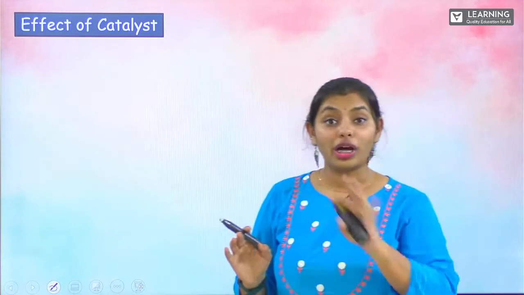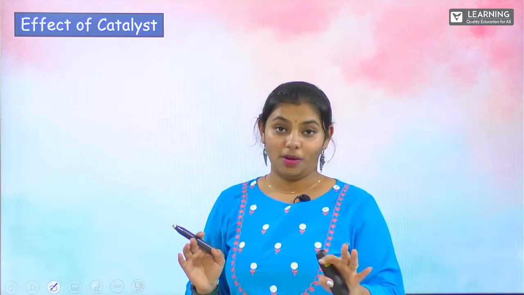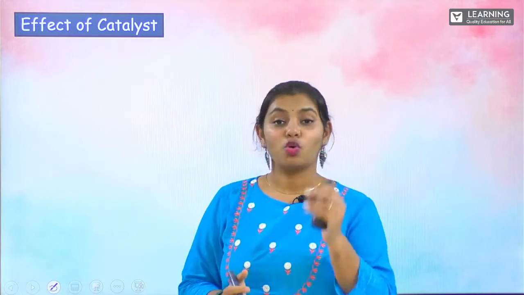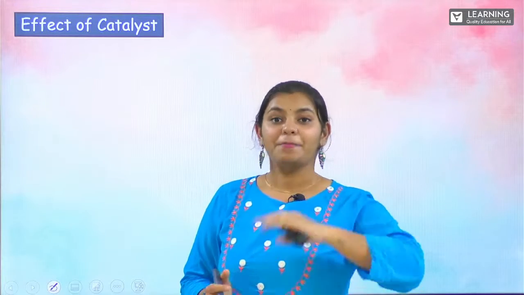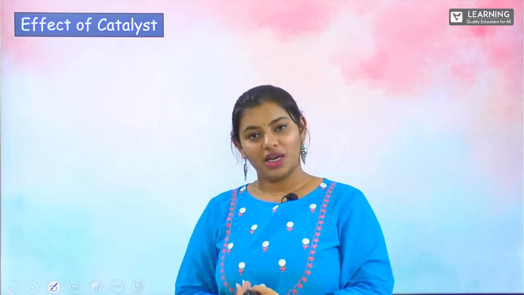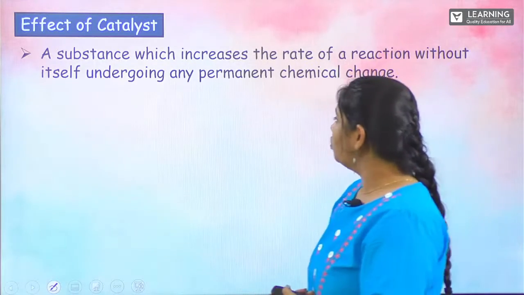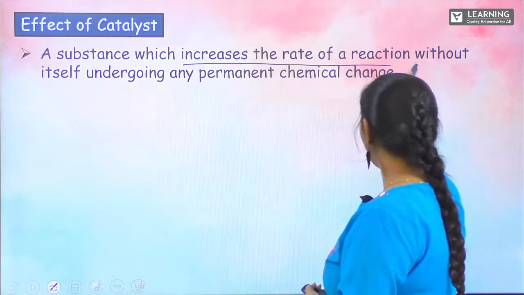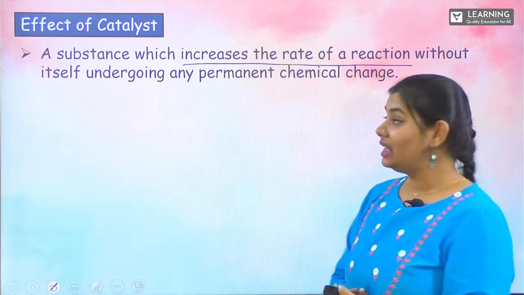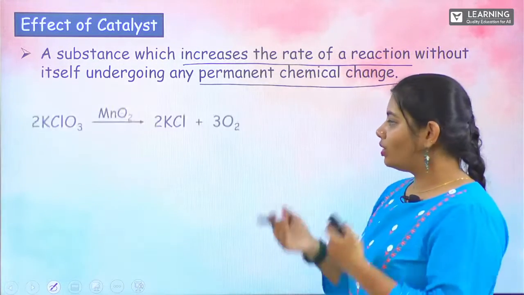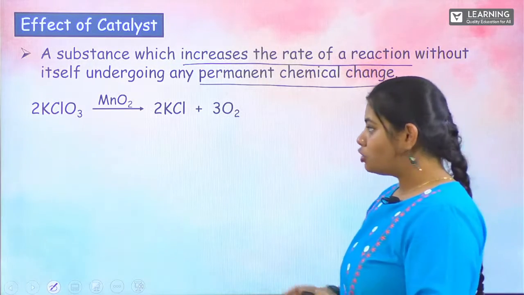The catalyst won't undergo any permanent chemical change, but the rate of the reaction is going to be increased really well. So here is the definition: a substance which increases the rate of the reaction without itself undergoing any permanent chemical change. Clear?